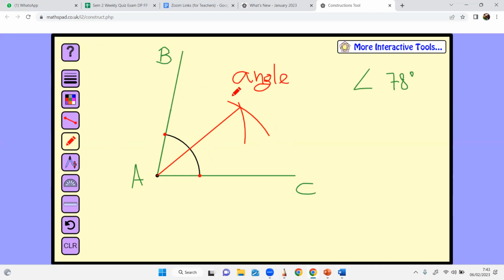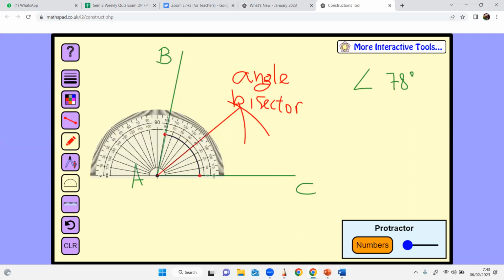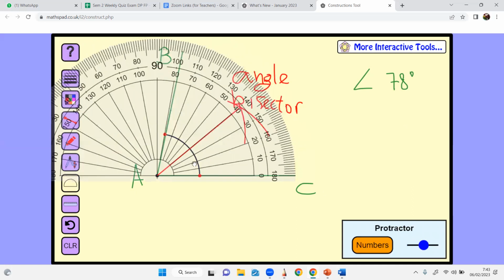Angle bisector. Let's check. Is it 78 by 2? What is 78 by 2, guys? 39, right? Yeah. Let's check. See, it's 39. Less than 39, with 40, it's about the accuracy. But you know how to do it, right?